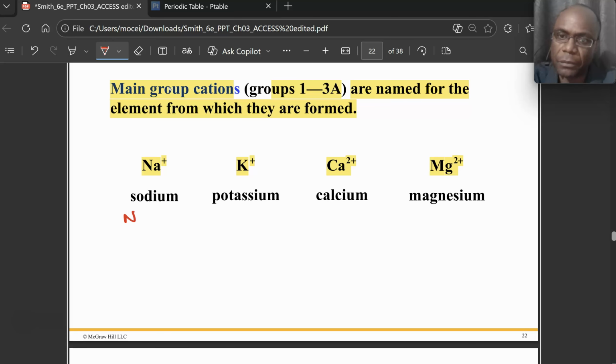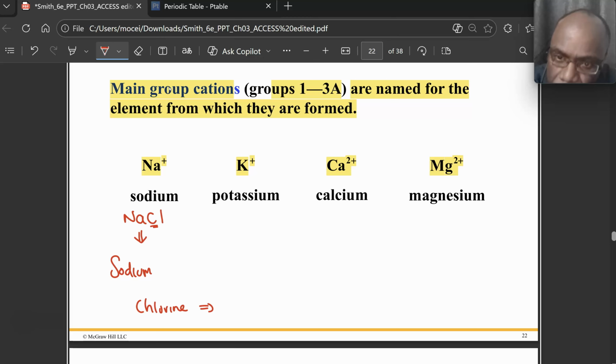I'll give you an example. So if I have this formula of the table salt, the name of this will be sodium. Now the anion is chlorine. So instead of calling it chlorine, we drop the INE, or you would say you drop the NE, but I usually say you drop the INE and add IDE, because it's the anion of the element as found in the periodic table.